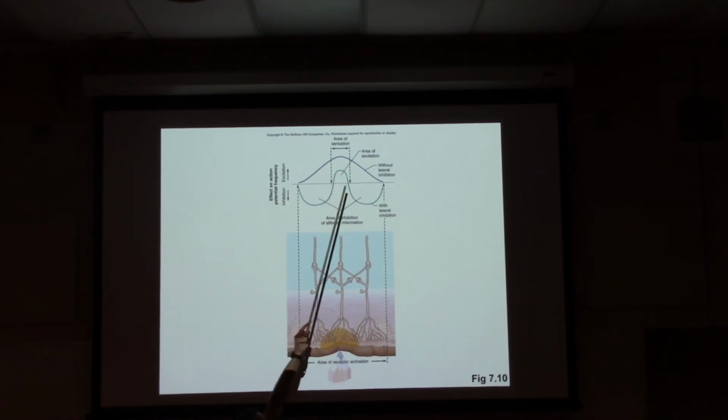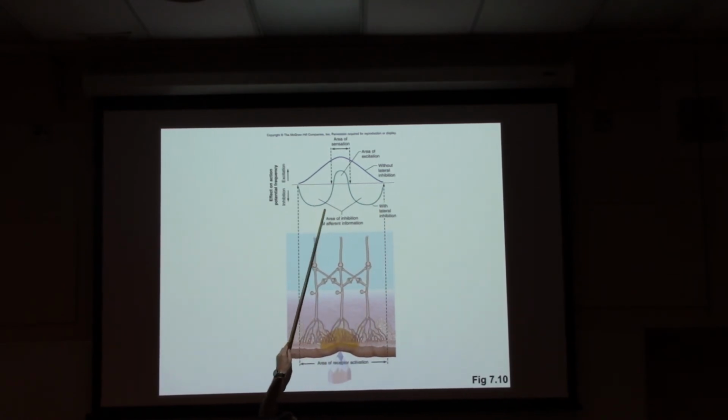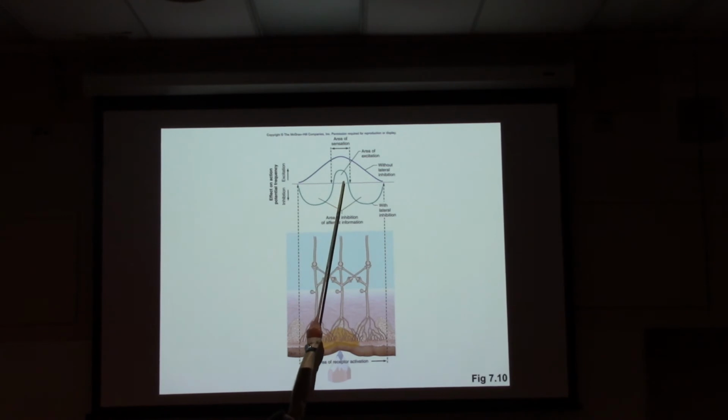You get a little peak in the middle, and some messages on the side. But with lateral inhibition, it's greatly exaggerated. The difference between where the actual stimulus occurred and the neighboring areas is much higher, so it's easier to pinpoint where the original stimulus occurred. Same thing, just drawn a little differently.